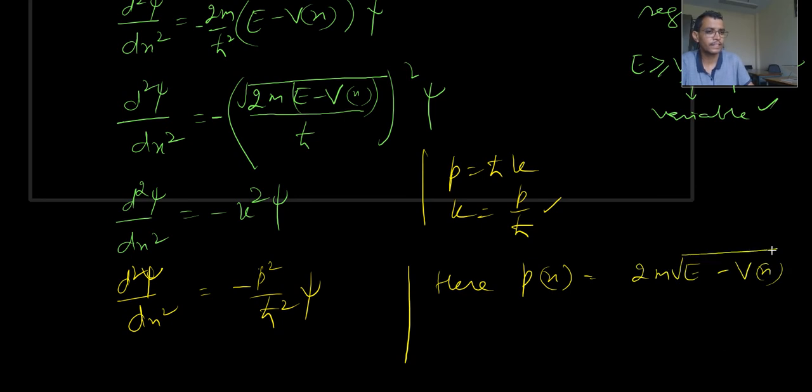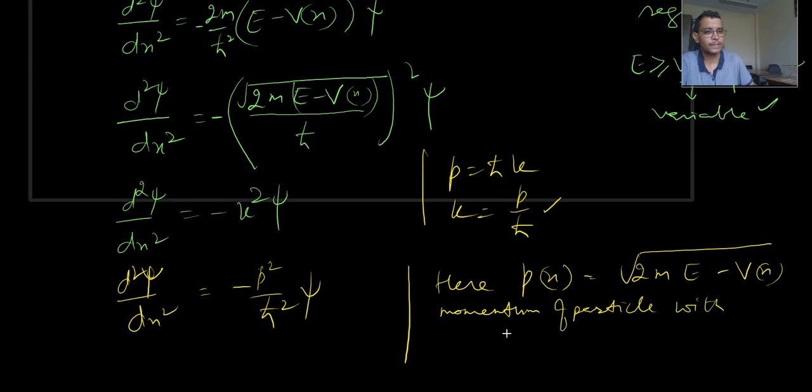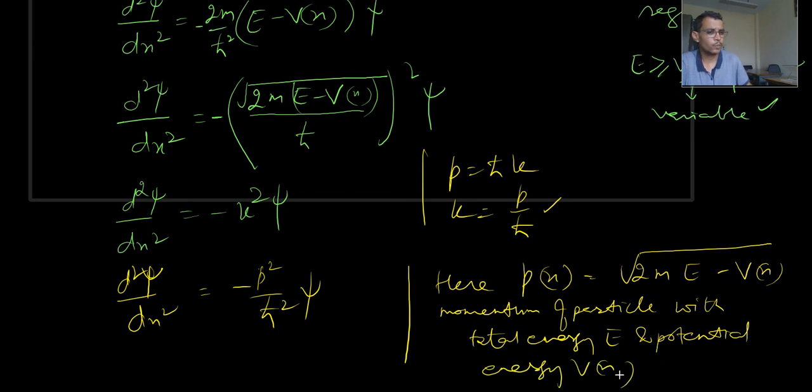This is basically the momentum of the particle, but it is not constant, it keeps changing. It is the momentum of the particle with total energy E and potential energy V(x). That's what we have to keep in mind.